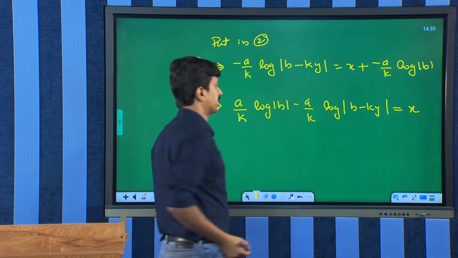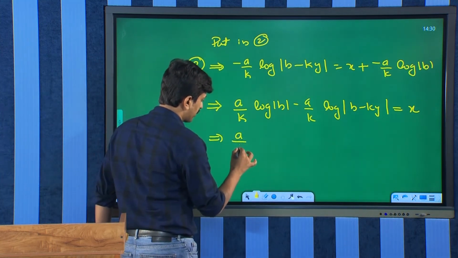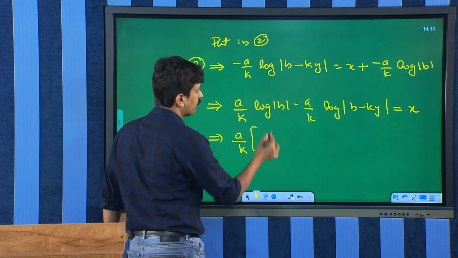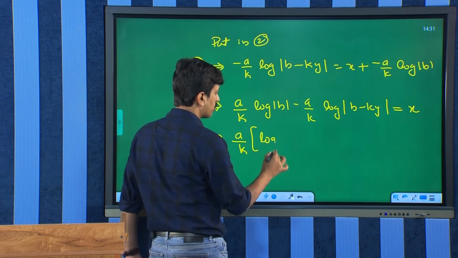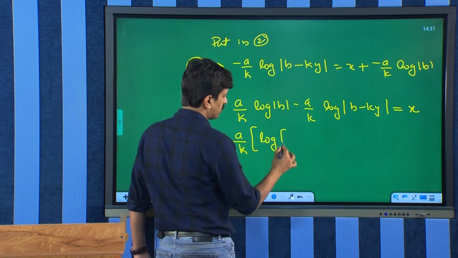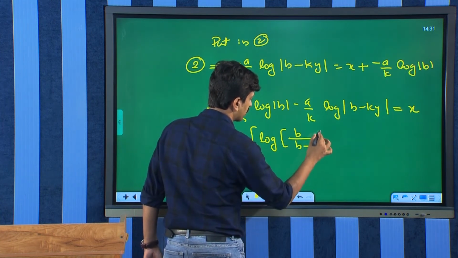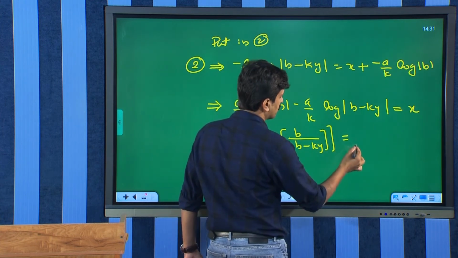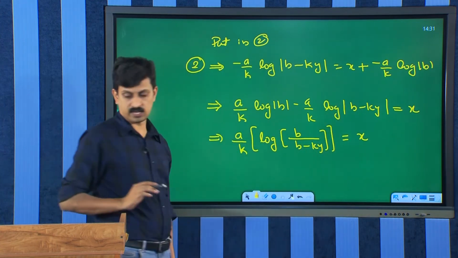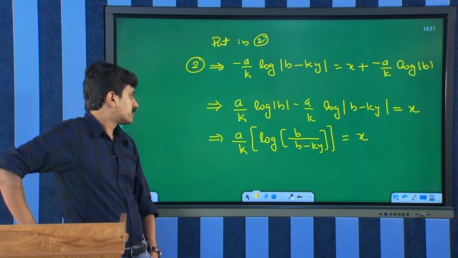Therefore, we can take a by k out, log of b minus ky, that is equal to log b by b minus ky is equal to x. Fine. Therefore, we can write this as log mod b minus ky by b is equal to x.